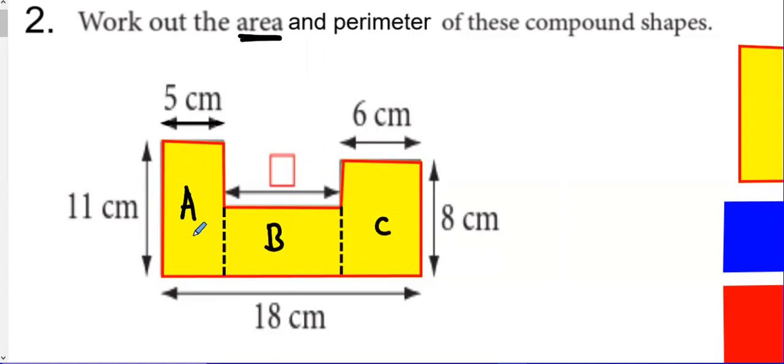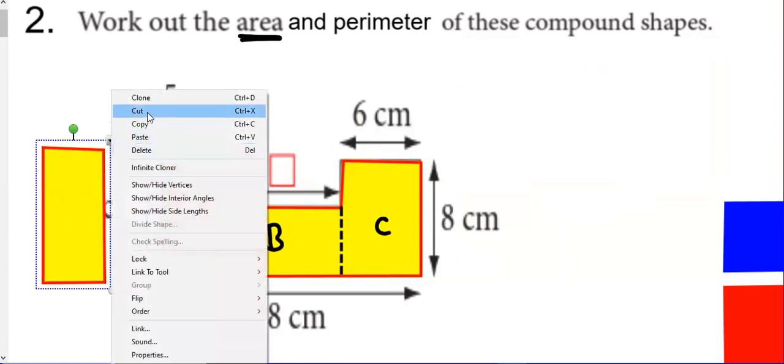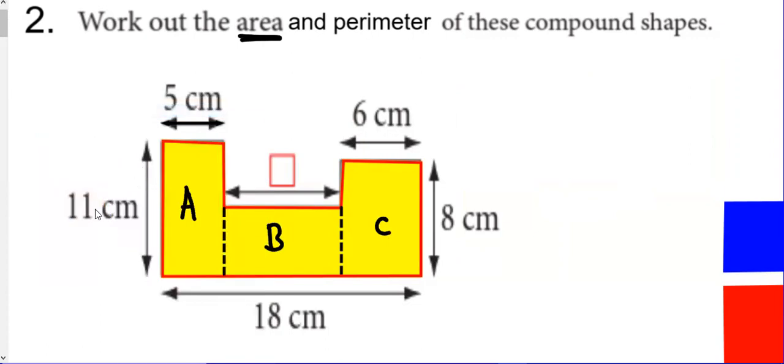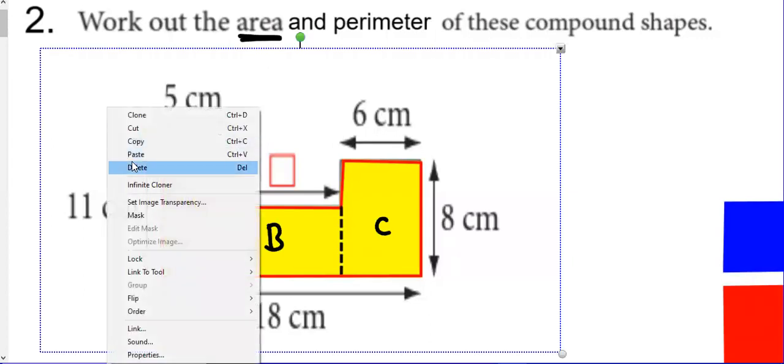So how many shapes do I have? I've got 3 other shapes, and I can show them here. The first shape is this one here. Let me show you what it means. The first shape is this shape here.